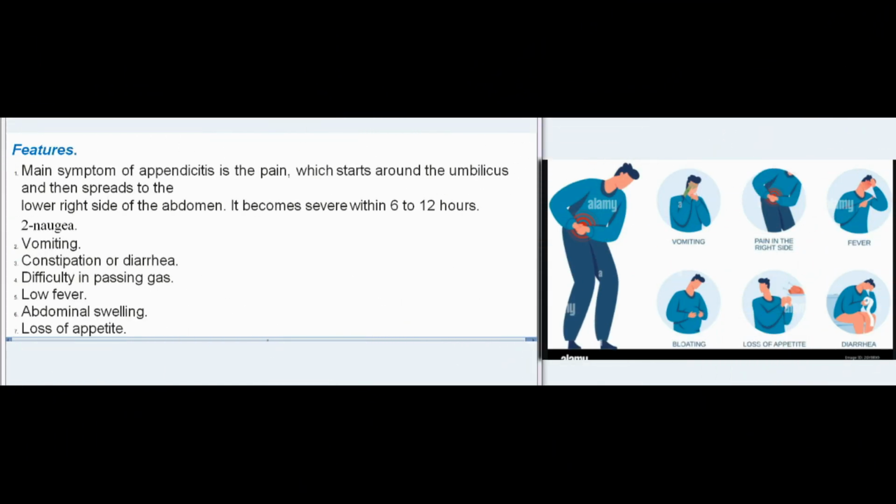Features. Main symptom of appendicitis is the pain, which starts around the umbilicus and then spreads to the lower right side of the abdomen. It becomes severe within 6 to 12 hours, with nausea, vomiting, constipation or diarrhea, difficulty in passing gas, low fever, abdominal swelling, loss of appetite.